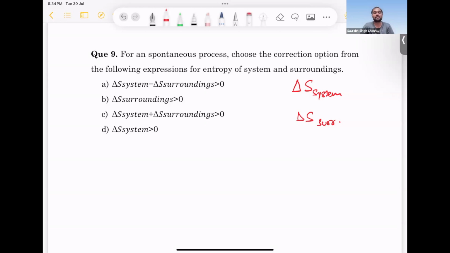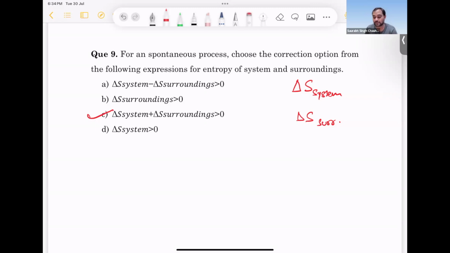So the entropy of the universe always increases. So the entropy change of system plus entropy change of surrounding will always be positive. So option C should be correct. If we see other options, like the last one, that entropy change of system is always positive, no, it is not.